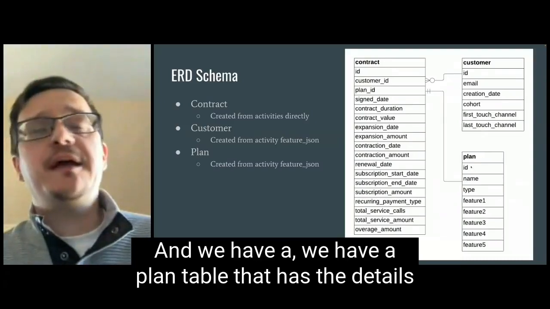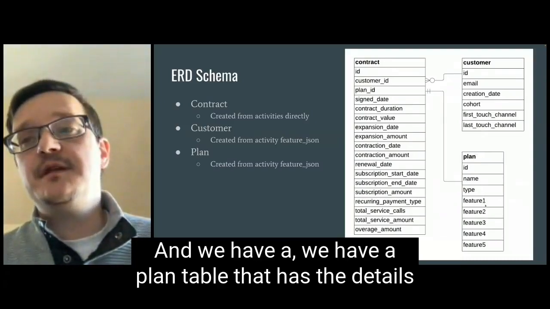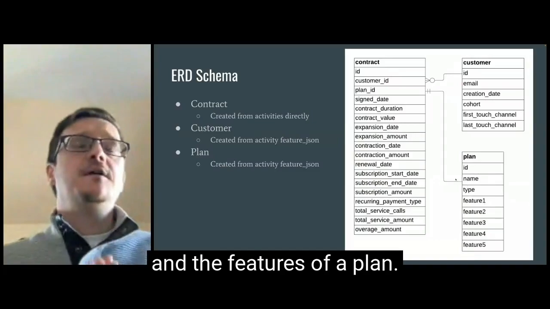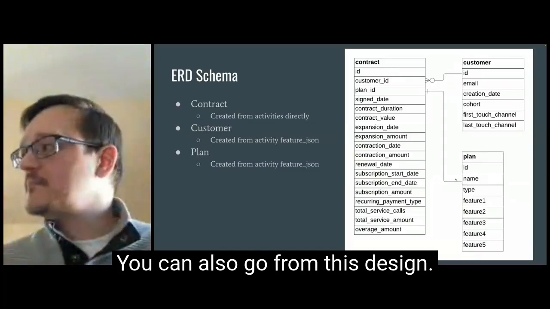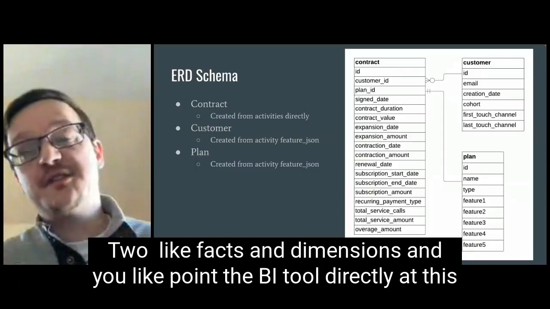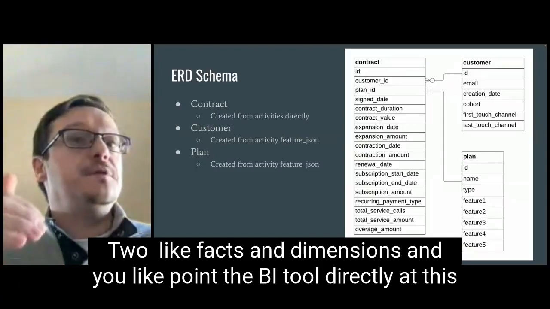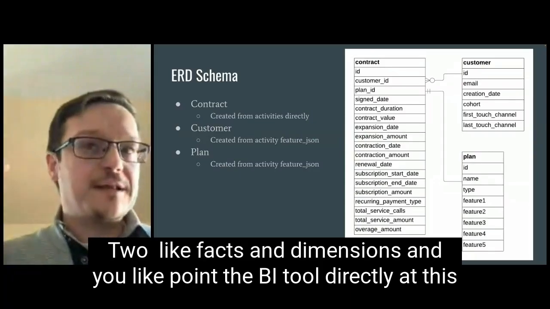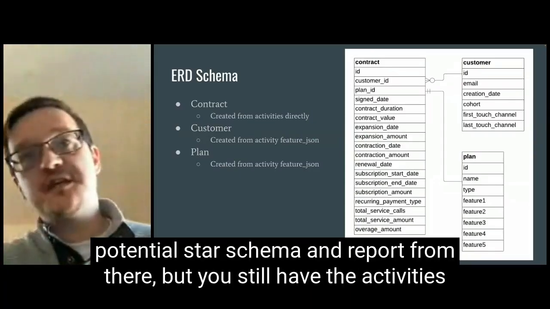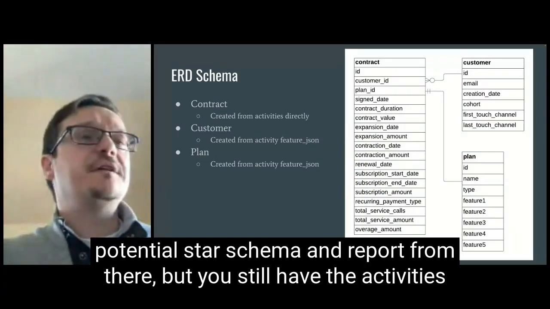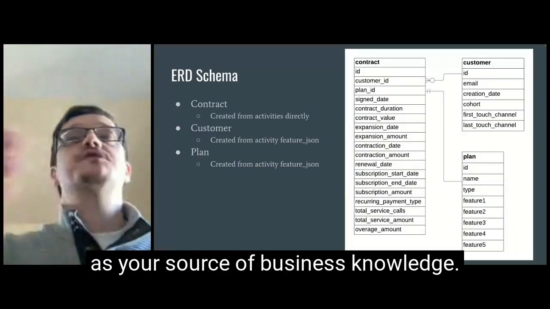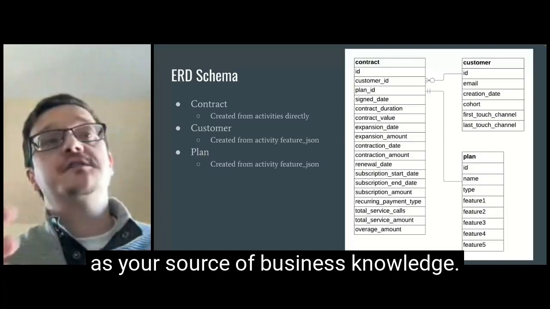And we have a plan table that has the details and the features of a plan. You can also go from this design to facts and dimensions, and point the BI tool directly at this potential star schema and report from there. But you still have the activities as your source of business knowledge, right?